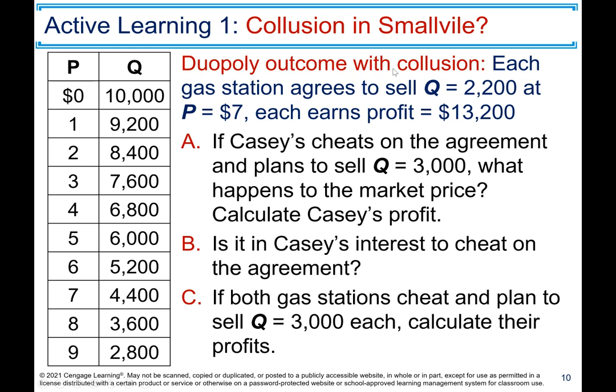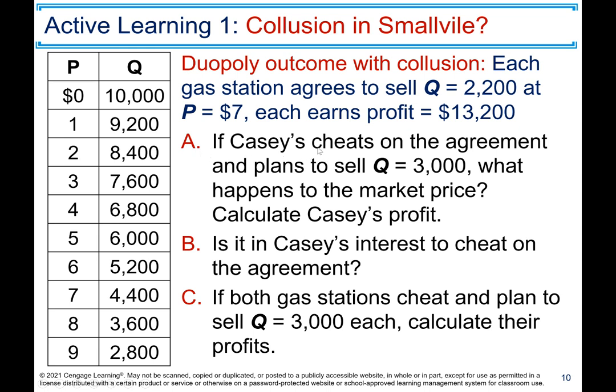Active Learning 1, Collusion in Smallville. Duopoly outcome with collusion: each gas station agrees to sell Q of 2,200 at a price of $7. Each firm's profit is equal to 13,200.